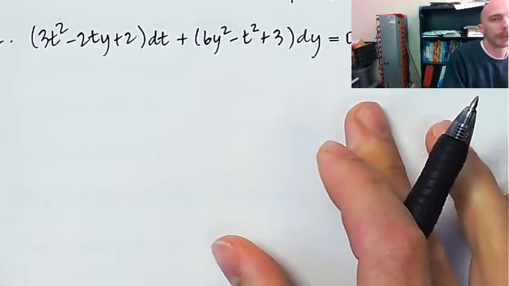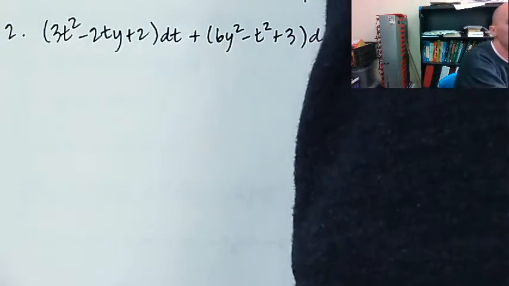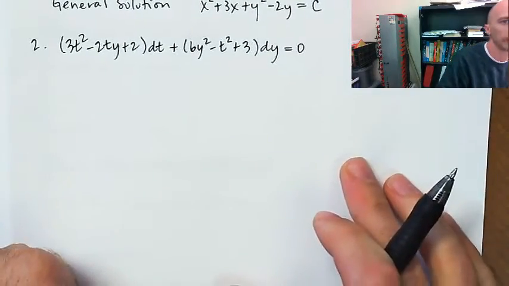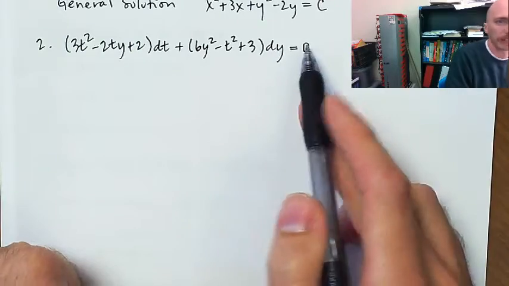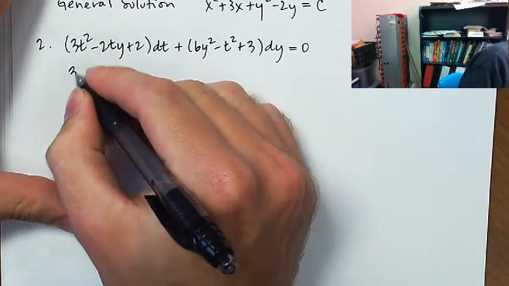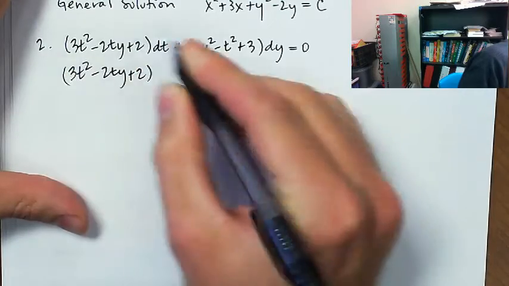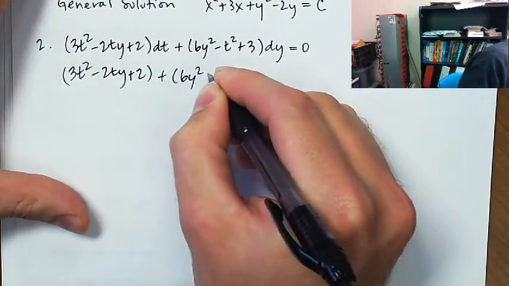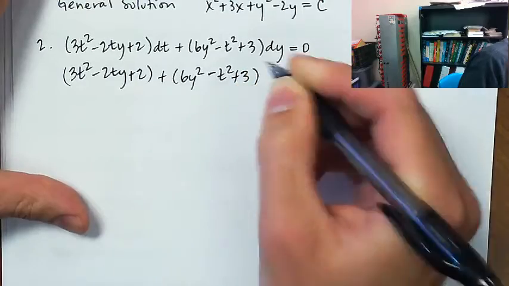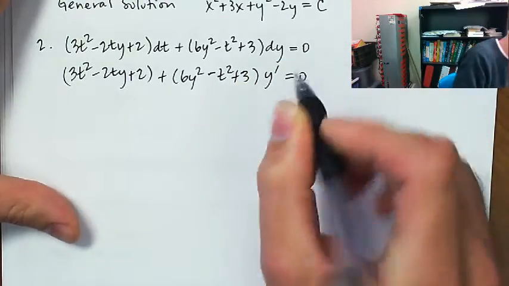The first thing I'm going to do is divide everything by dt, and then I'll have 3t squared minus 2ty plus 2, plus (6y squared minus t squared plus 3) dy/dt, which I'll call y prime, equal to 0.